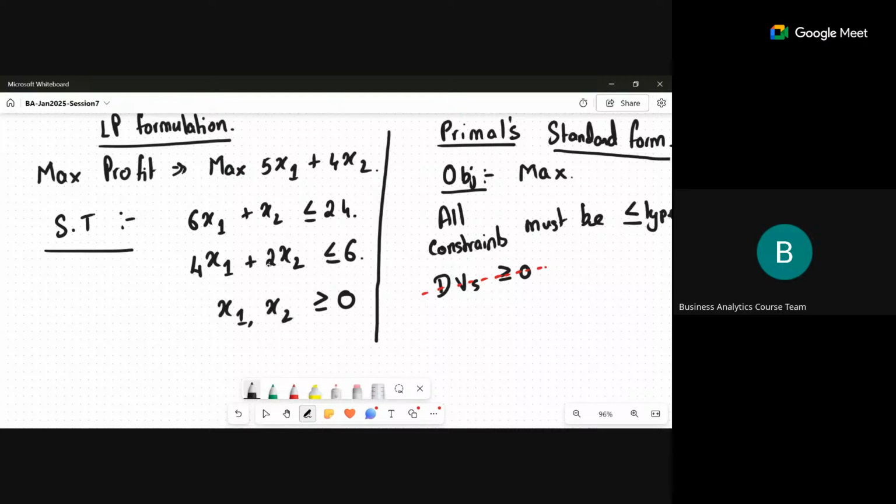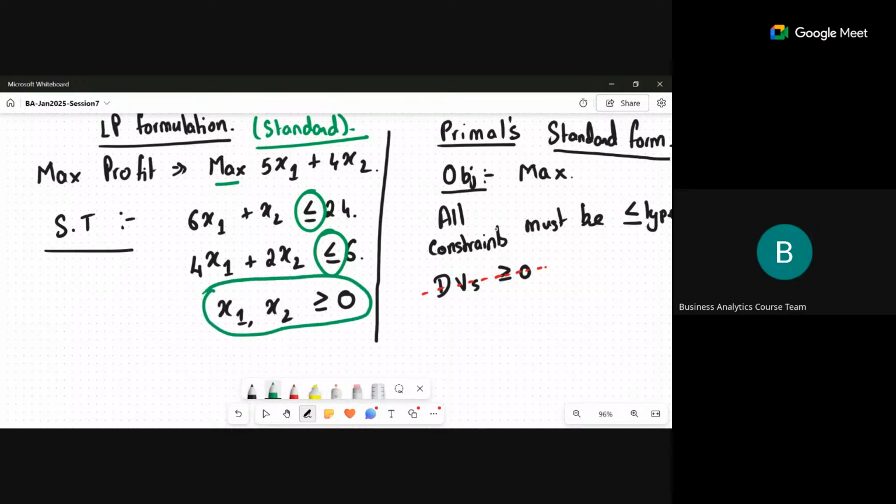So this question that you have formulated, is it a standard primal? Yes, it is. Because it is maximization and all my constraints are of the less than or equal to type, and I have a non-negativity constraint as well. So it meets all my requirements. Okay.